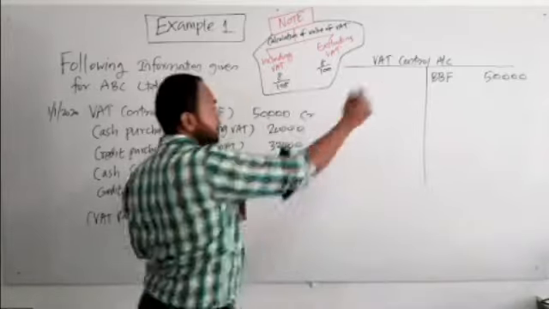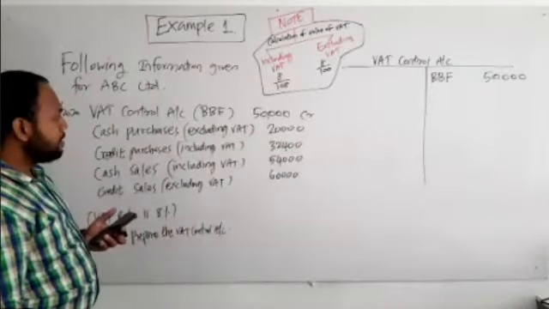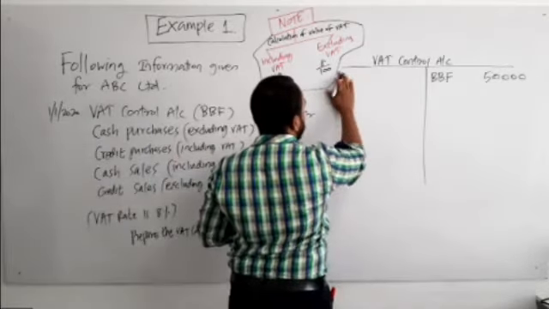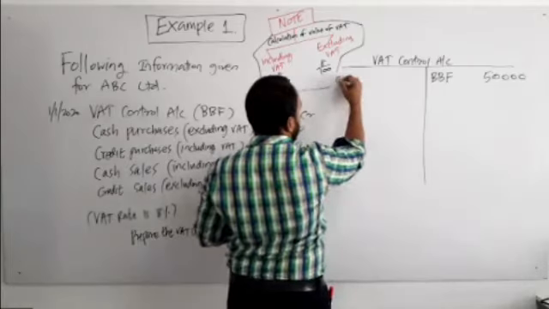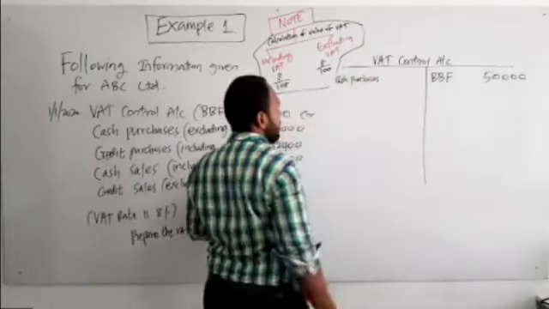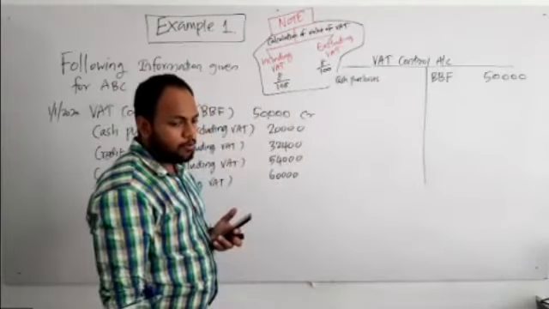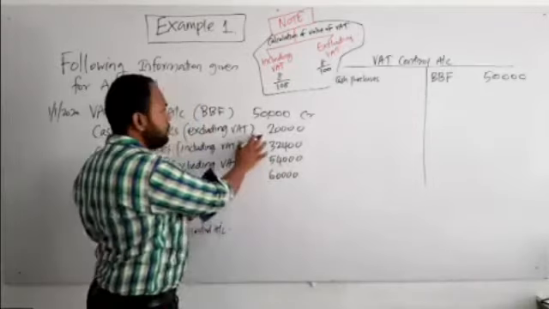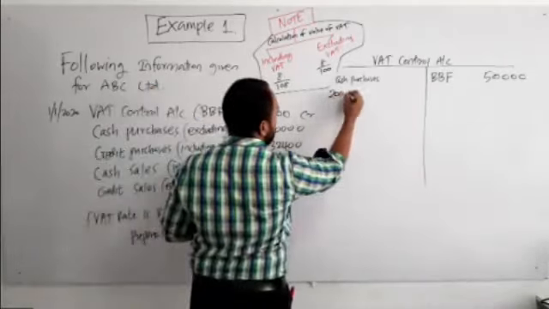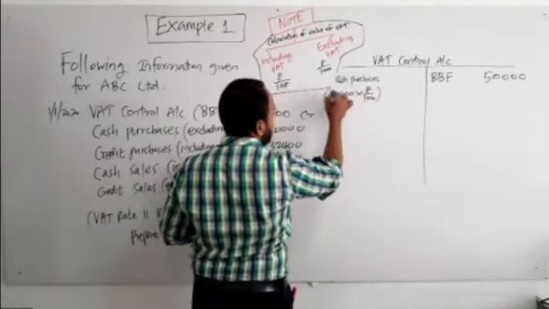So opening balance is 50,000 credit. Cash purchases 20,000. So there is a purchases. This is excluding VAT, so we have to multiply.